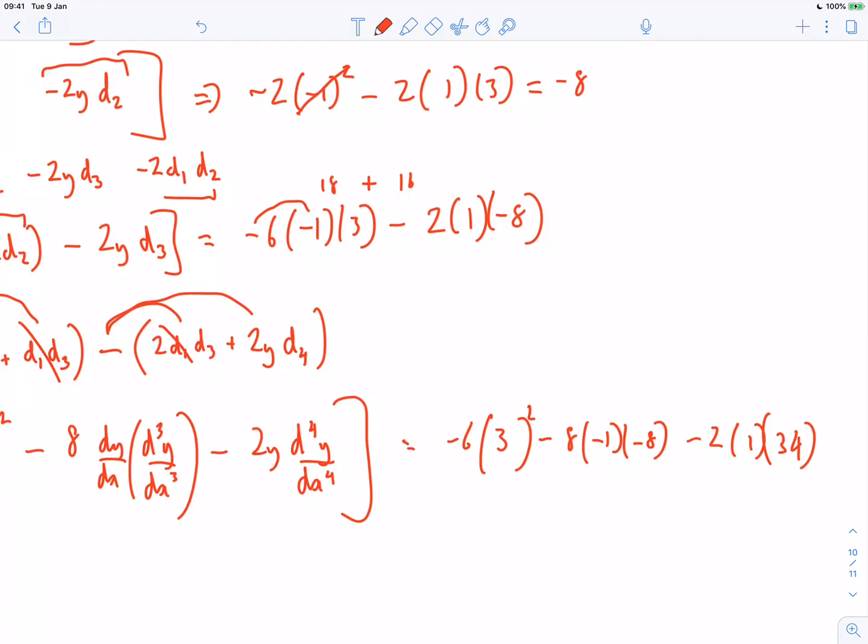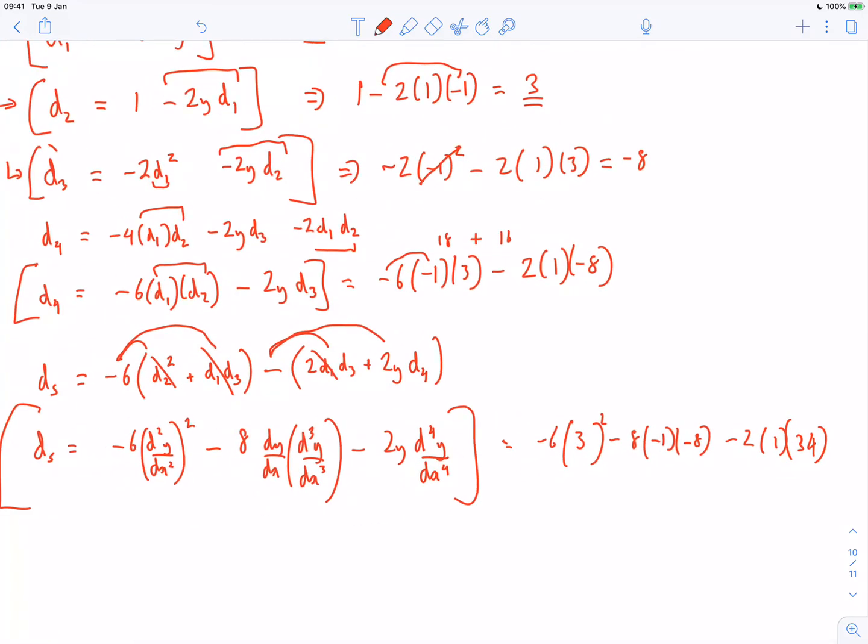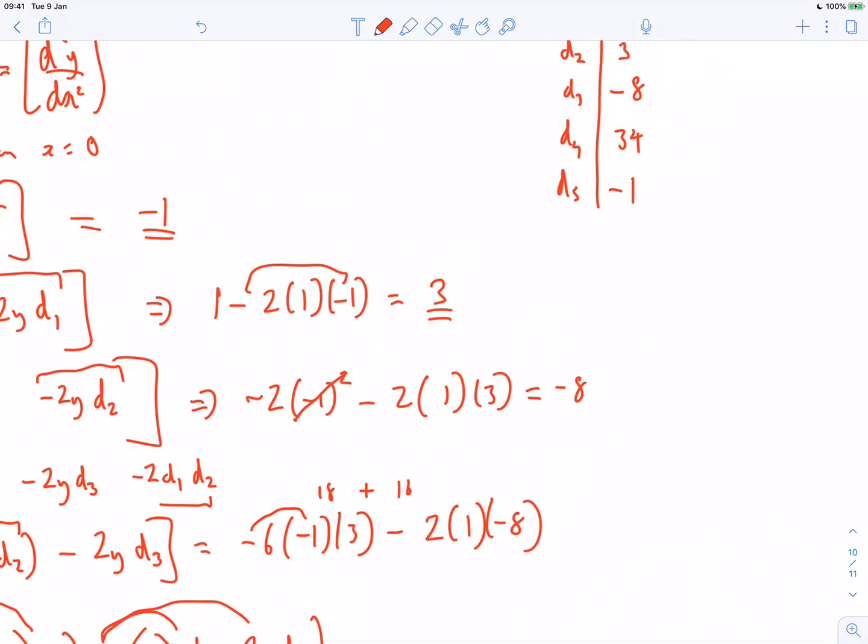Oh boy, right, okay. Minus 6 times 3 squared. Well, 3 squared is 9, times minus 6 is minus 54. Minus times minus is a negative. 8 times 1 times 8 is 64. Minus 2 times 1 times 34 is minus 68. So minus 54 minus 64 minus 68 is negative 186.